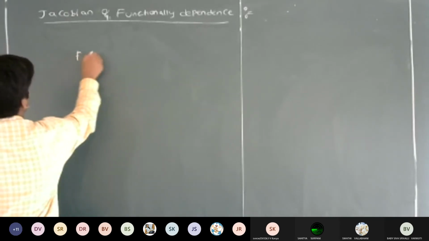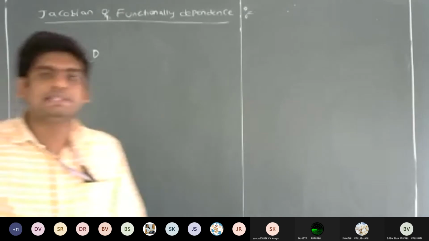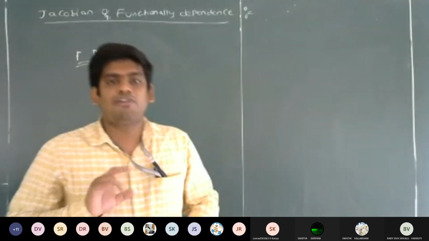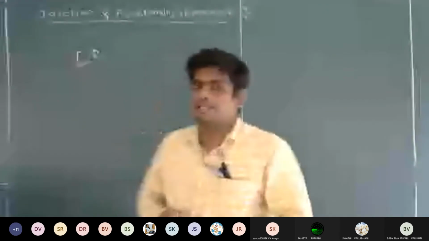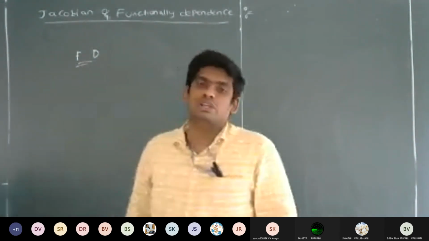When the given dependent variables and independent variables are related in this way, they are said to be functionally dependent. That means if its Jacobian is equal to 0.